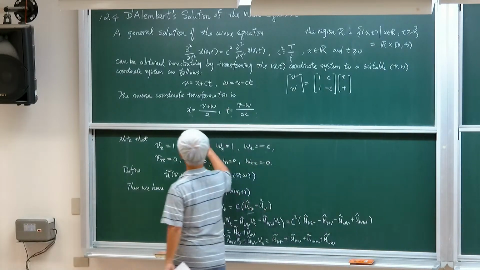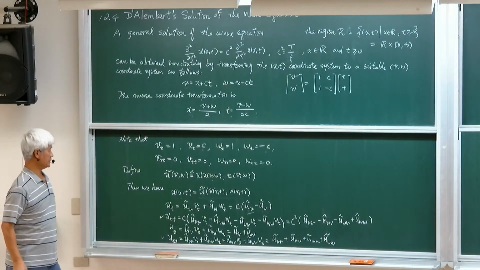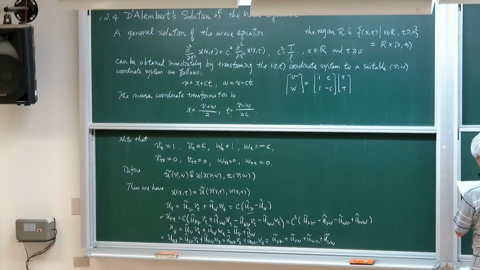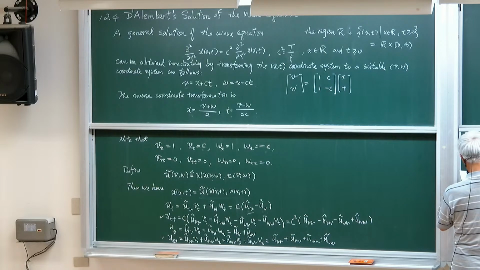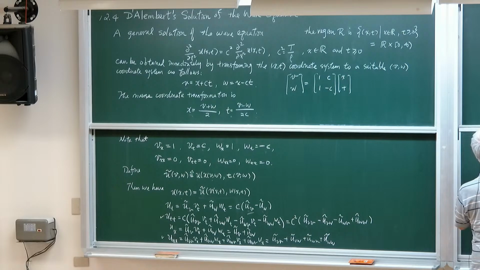And the wave equation involves these two second order partial derivatives. Okay, so now we know utt is equal to c square uxx.